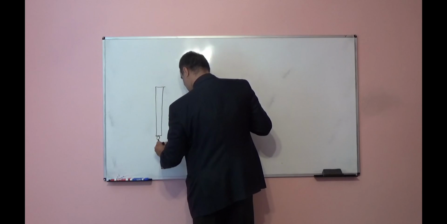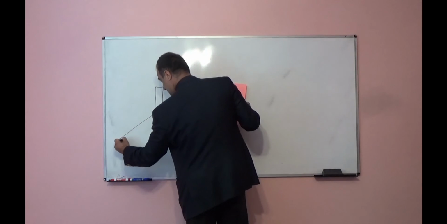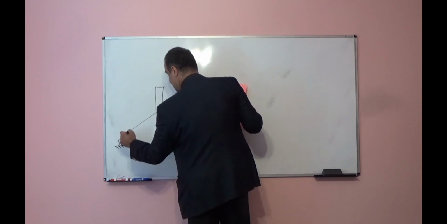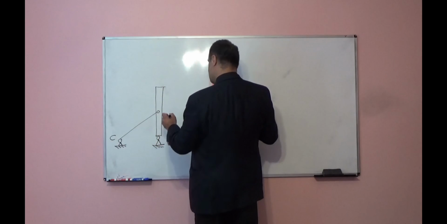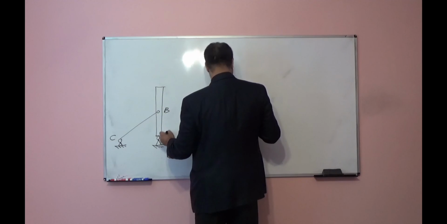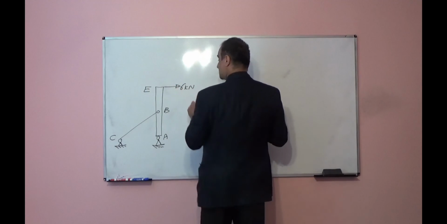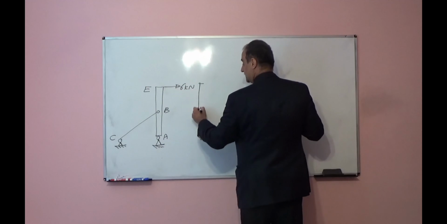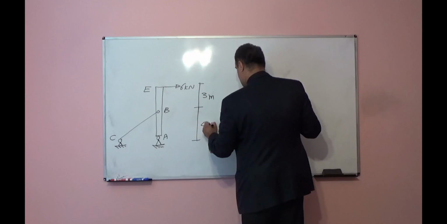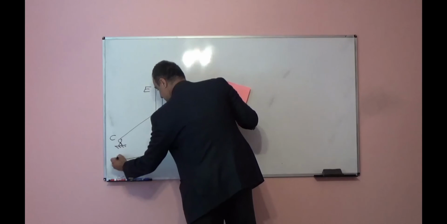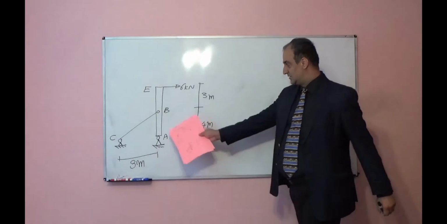Here we have pin support, and at point B here we have cable, and the other side of the cable at point C we attach to the hinge support, point B, point A, point E. This is 6 kN, 3 meters, 4 meters, 3 meters. Okay, we have one continuous column.